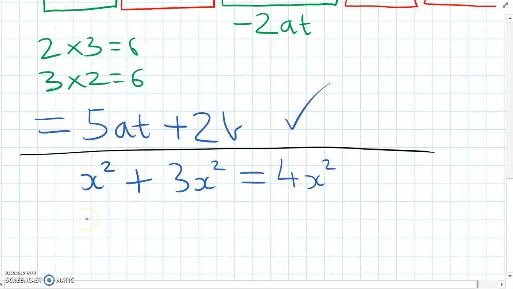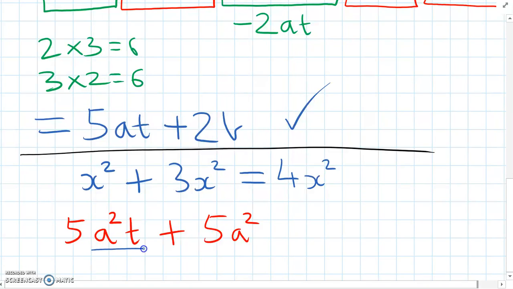But if we have an expression with 5a squared times t, and we're adding that to 5a squared, these aren't like terms because we don't have exactly the same pronumerals in each.